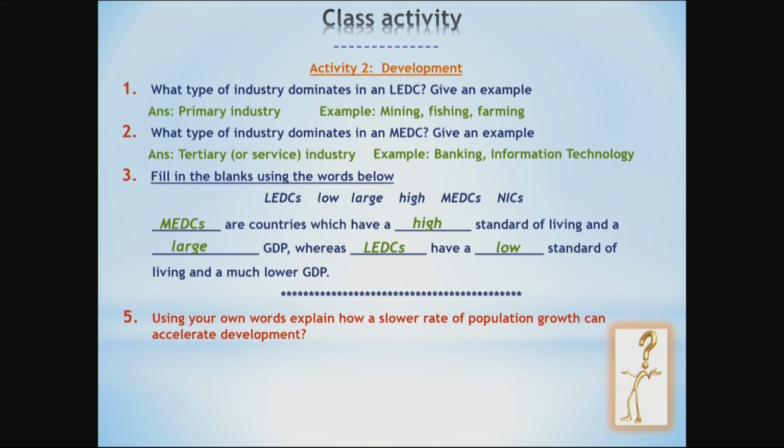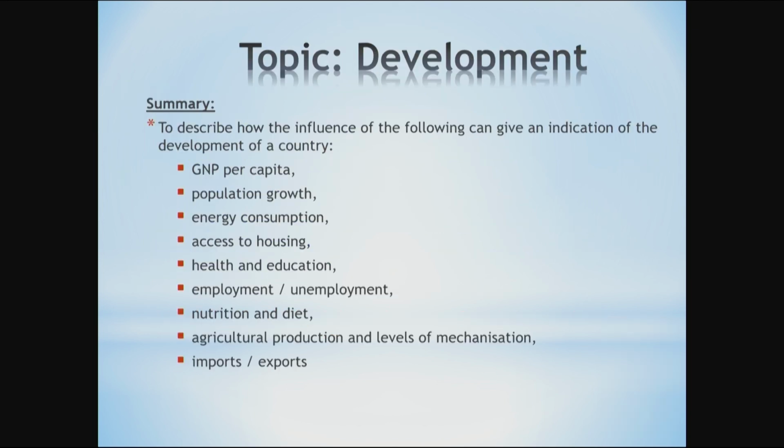It means right now it is fast going. So which type of countries are we talking about? Okay? So what have we seen today? Today we have described the influences of the following factors that can give an indication for the development of a country. And we've seen all of them.